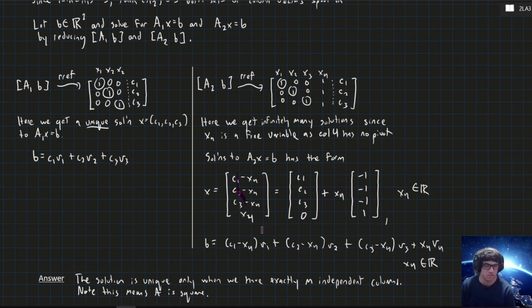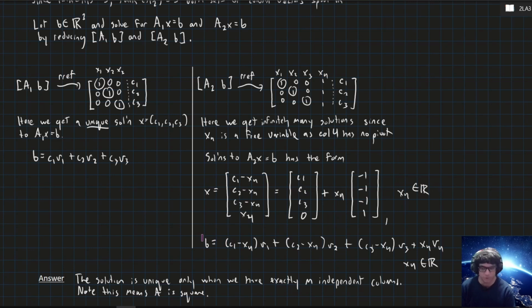And x4 is just a free variable, so it's just equal to itself here. We can decompose the vector like this if we choose to. And since x4 is a free variable, x4 runs over all the real numbers. That's how we're getting infinitely many solutions here.